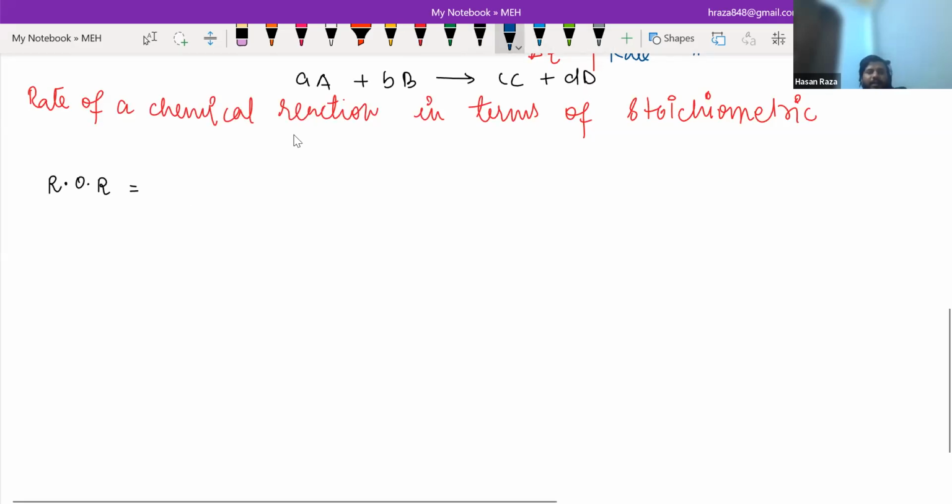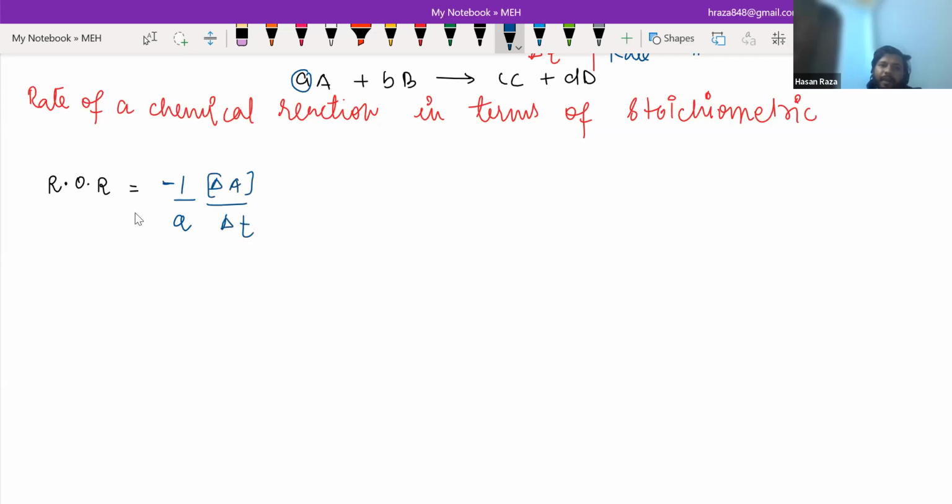First, it is similar. For a reactant, we write negative, but in terms of the coefficient, whatever the coefficient is will come in the denominator, and then delta A upon delta T. In this rate of reaction, these are all equal.